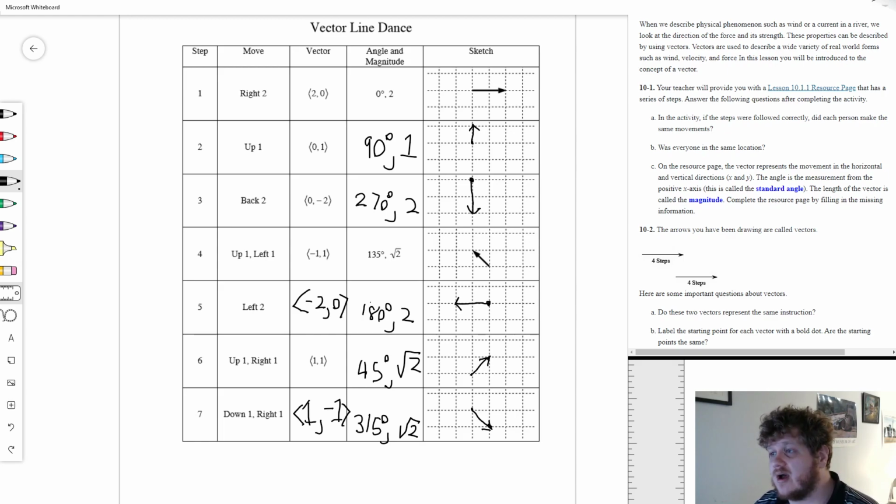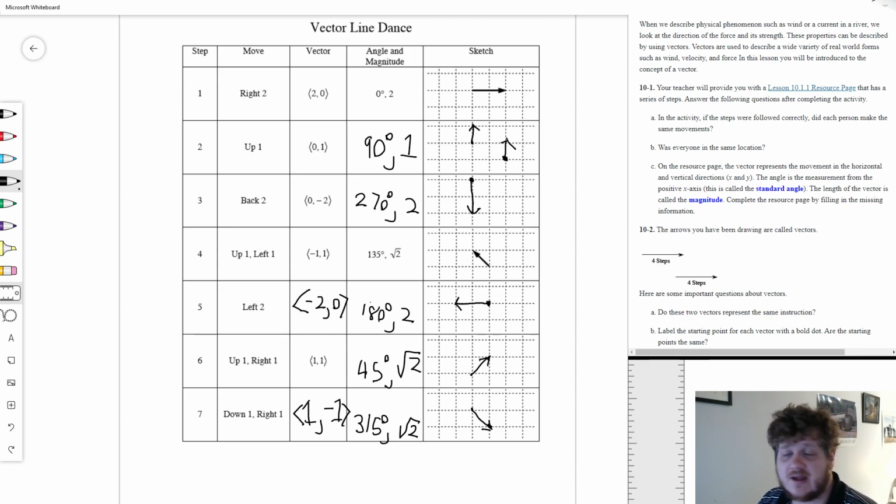And so with, say, this one right here, you could have drawn it over here. And in both cases, they are the same vector. They're just in different positions. And so one of the key things is that the location doesn't matter for a vector. It's mostly about displacement. So it doesn't matter what position you're at. It just matters how much changed.